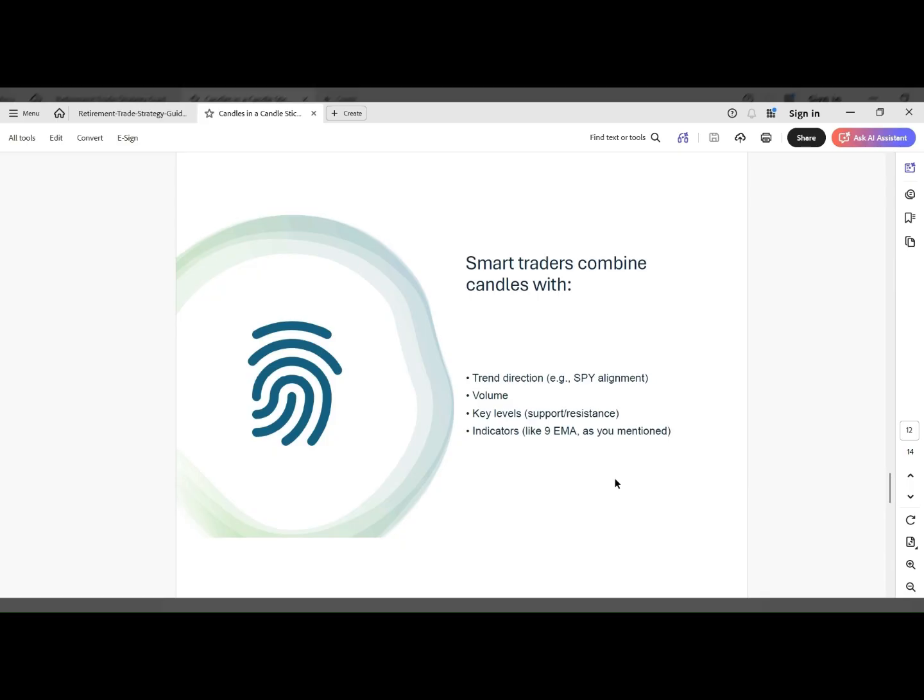So what you want to do, the smart traders combine things, and this is what I was getting at earlier when I was teaching you about the indicators and the strategies: you want to look at the candle itself, what's going on, but look at the trend. You want to look at the volume because that's giving you an indication of what's going on with the market.